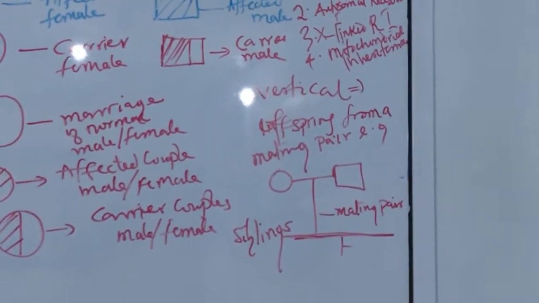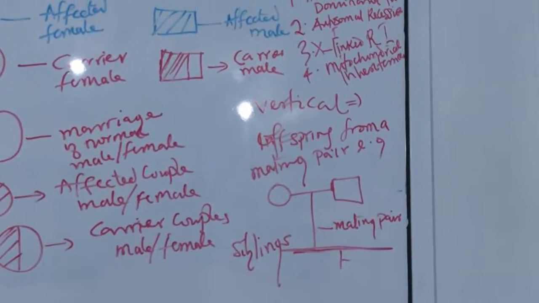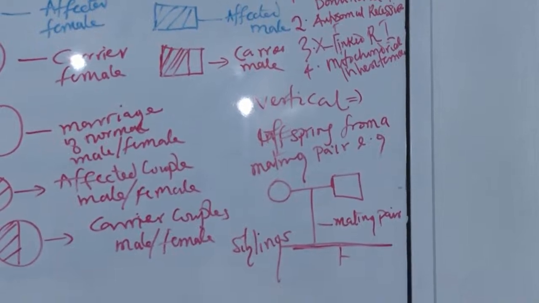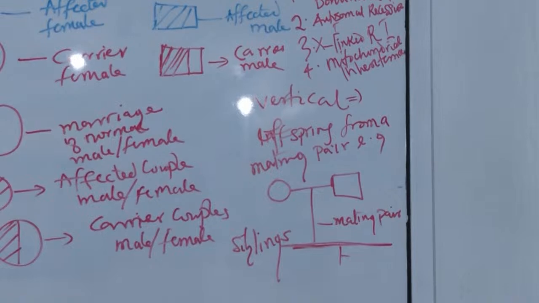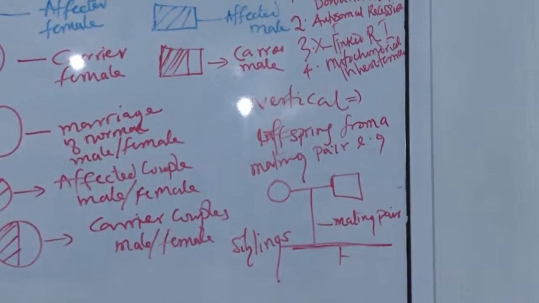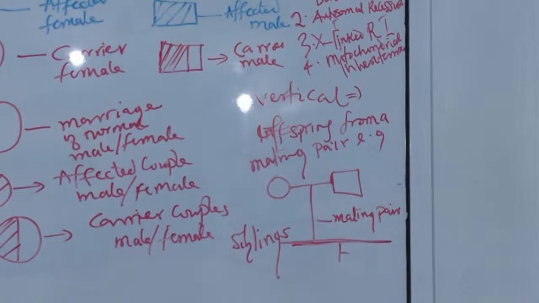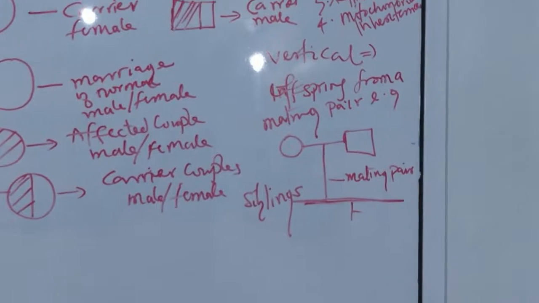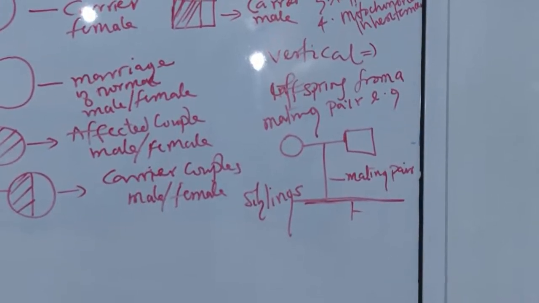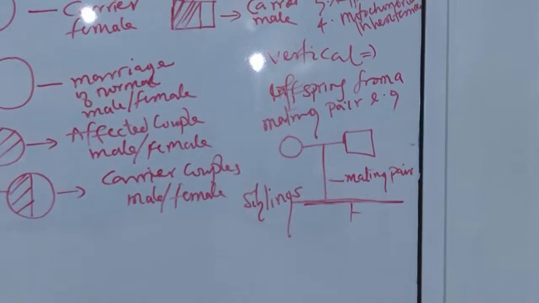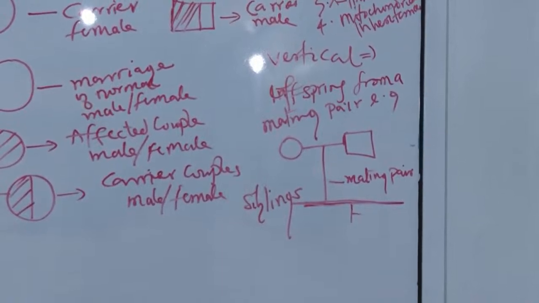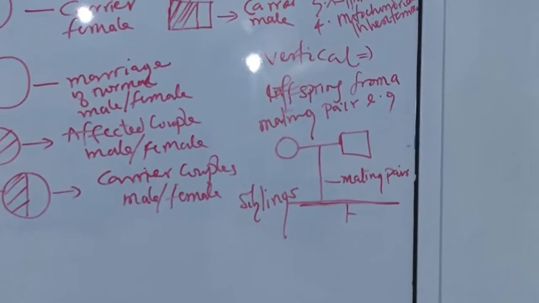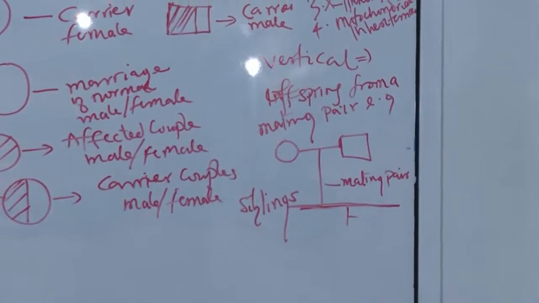Then after that, we also look at lines. If horizontal lines are connected, I told you that is talking about mating partners, and vertical lines tell us that it is talking about offspring. Siblings are represented by horizontal lines that branch off from the parents and connect to their offspring.